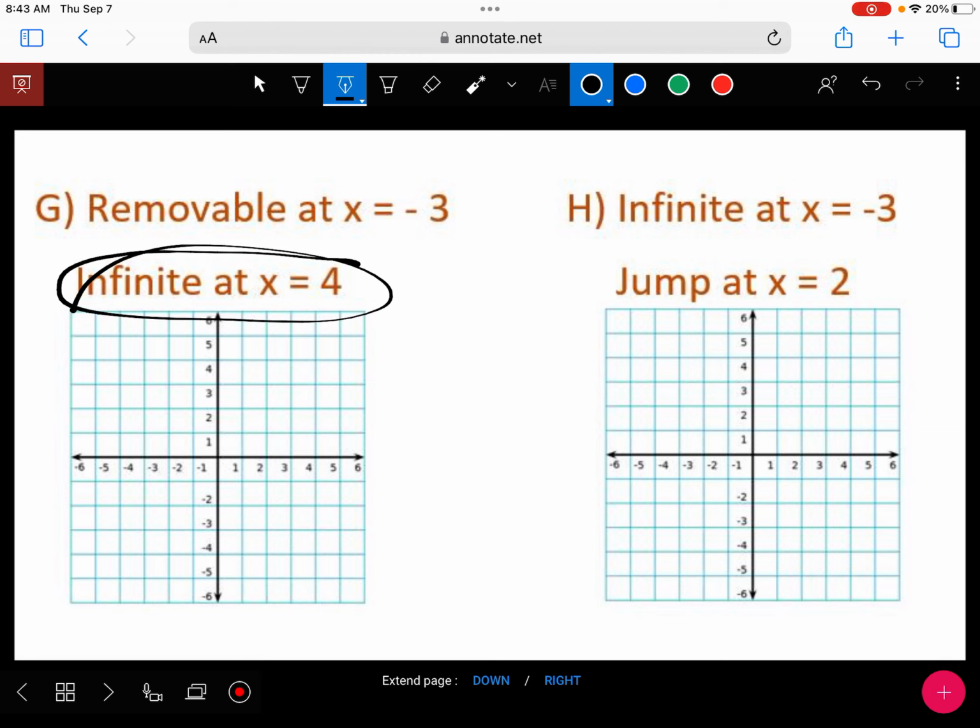So we don't need all the arrows. So you can't draw two different graphs. It has to be one connected graph. So you need to maybe connect this two. Yeah. So you want to get this one? Mm-hmm, right. So you kind of did the same thing. You have two separate graphs. That's not a function. So your primary should be your infinite. So just connect, draw that out, erase that. Draw that other one all the way to the left and put a hole in it.